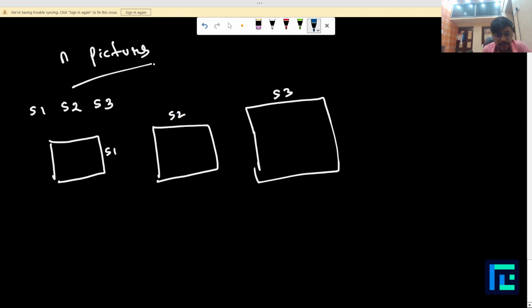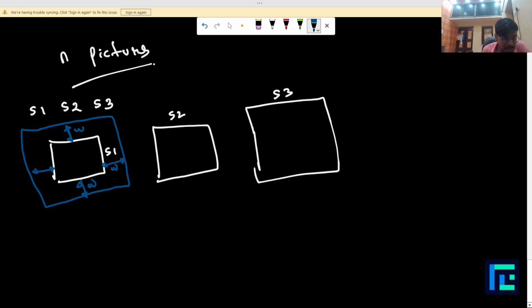Now what they have told is, you are mounting this picture on a cardboard. So let's suppose this is a cardboard, such that this picture has a border of W. So this W is exactly the same on all the sides.